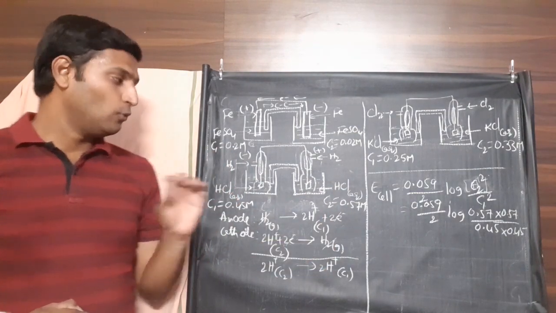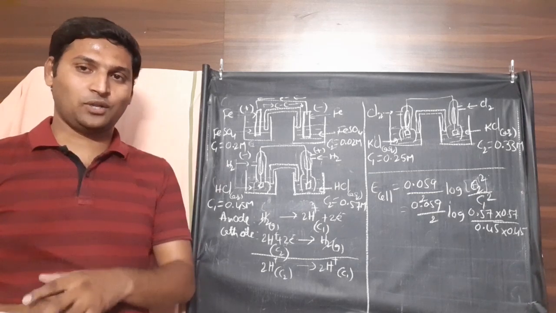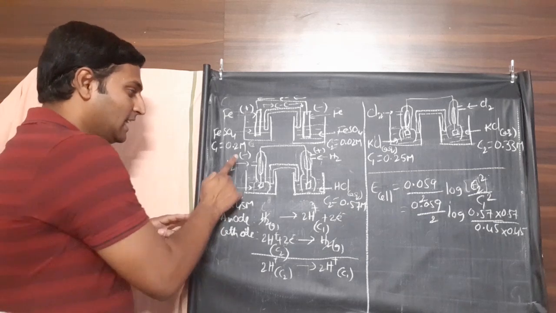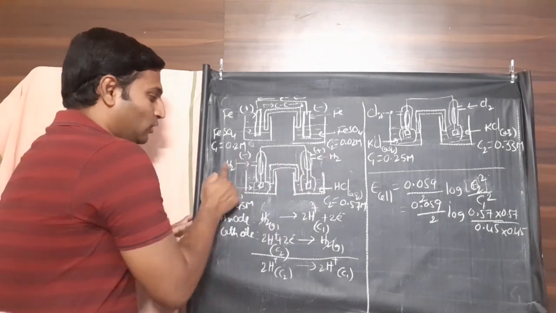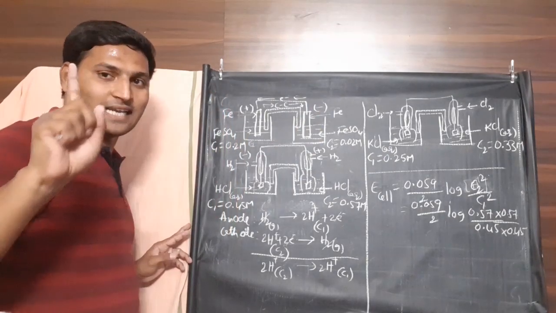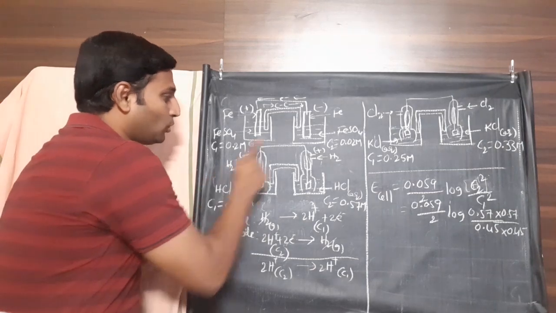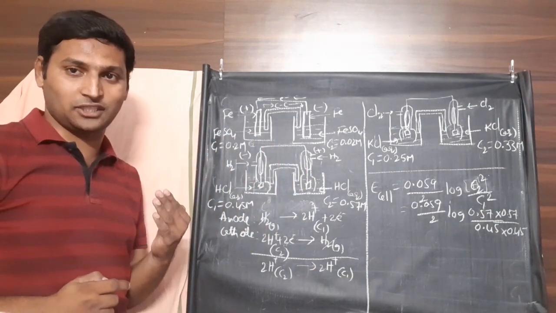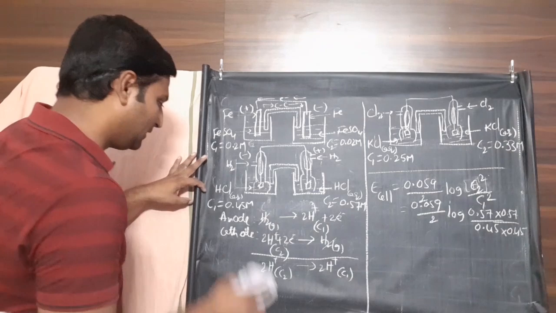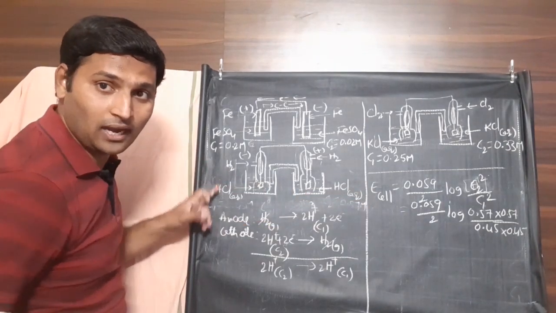Now, when it comes to gas electrodes, one more point we are missing out here. What is that? There is hydrogen gas passed also. See, concentrations of pure metals is taken equal to 1, but gases, of course, we show their partial pressure as their concentration. Now what if the concentrations C1 and C2 are equal?